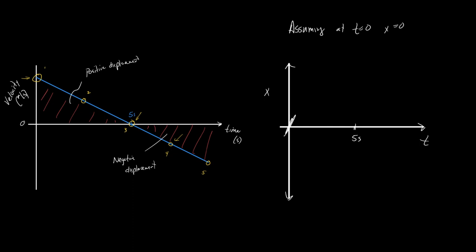Going from time equals 0 to 5 seconds, was there a displacement? Yes, right? There's a positive area. So I had a positive displacement, which means I am somewhere in front of where I started. And at that moment, I have a slope of 0.